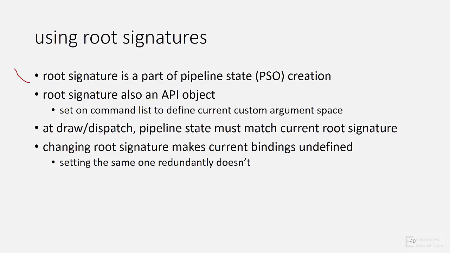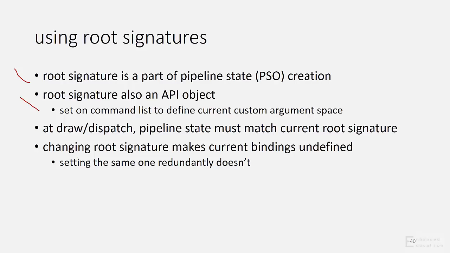The other place where the root signature shows up is that the root signature itself is an API object that you can set on the command list. And when you do that, you're defining the currently active custom argument space or binding space where you can set the parameters for subsequent draw calls and pipeline state objects to use.